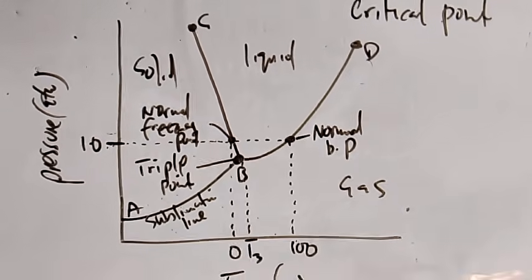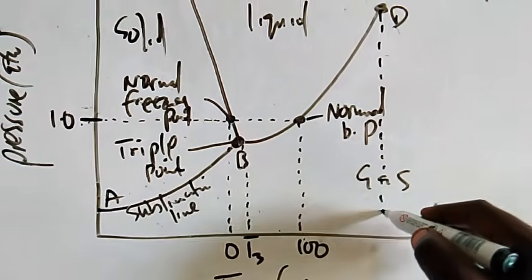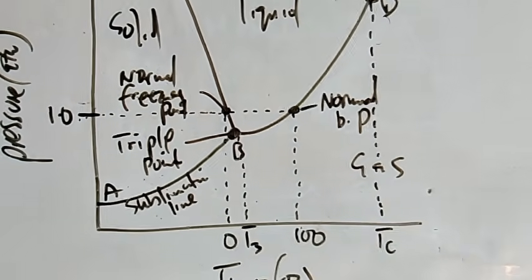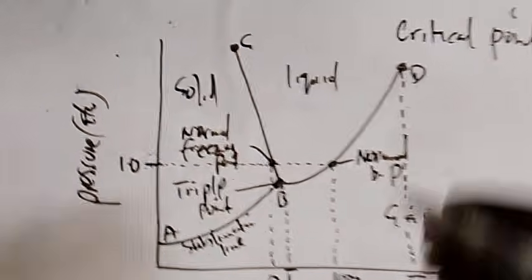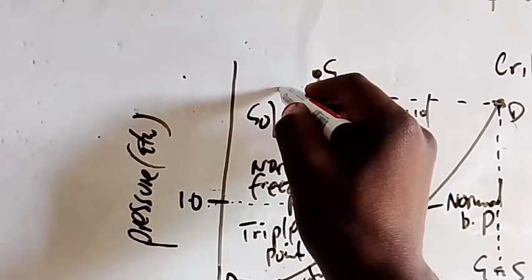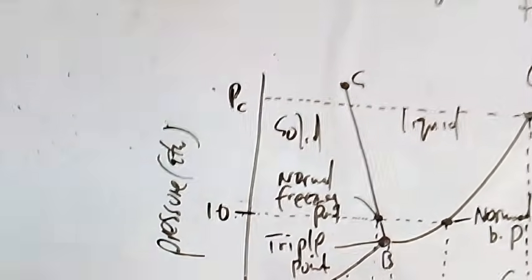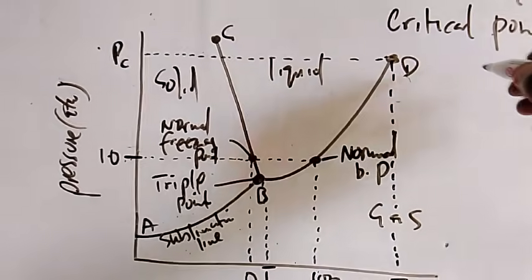The temperature at the critical point is designated as TC, critical temperature. Then the pressure at the critical point is the critical pressure.